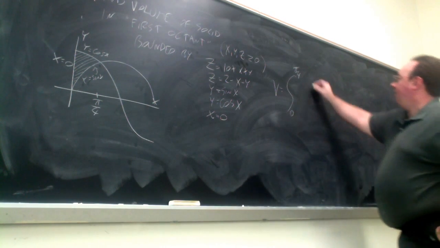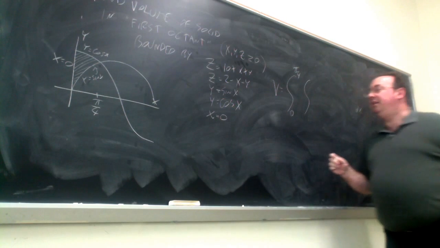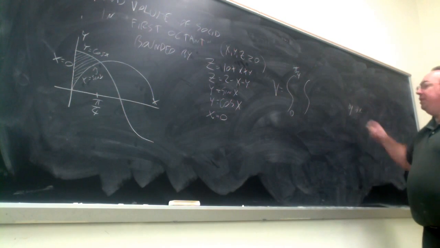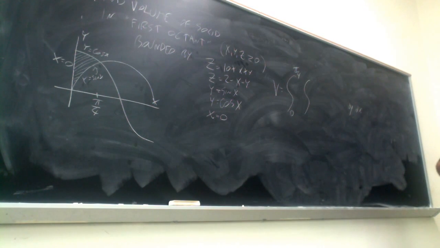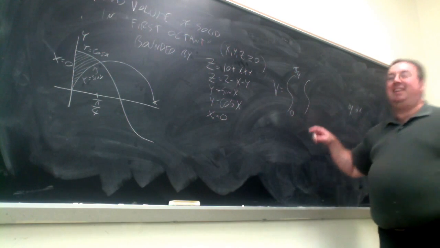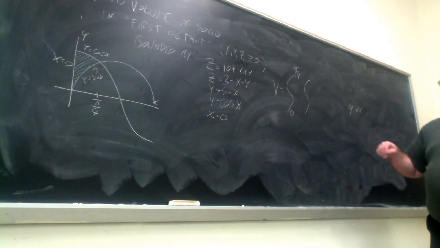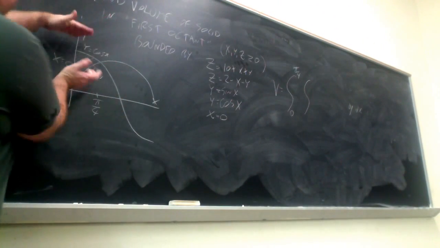dx, and then in y, what should those limits be from the picture? Okay, so we've defined the extent of the domain in x, but now we need to do the same in y.